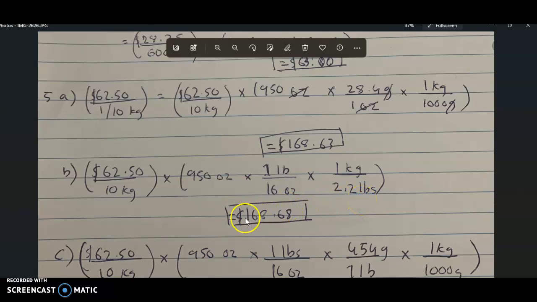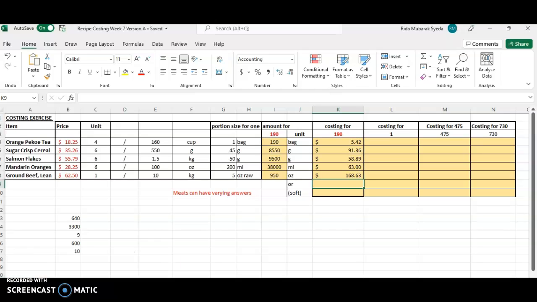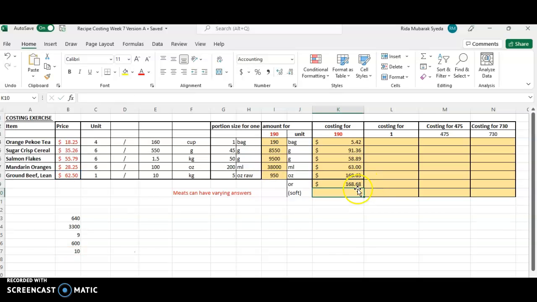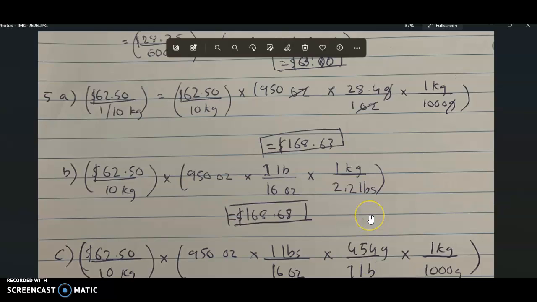And when I did that, I got 168.68 as my price. So when we do that on our Excel, this is what my formula looks like, and when I press enter, I get 168.68 as my price. And that's what we got on our written calculations.